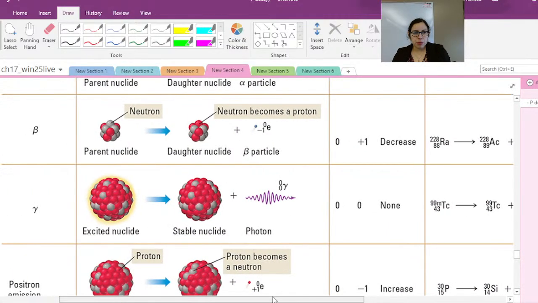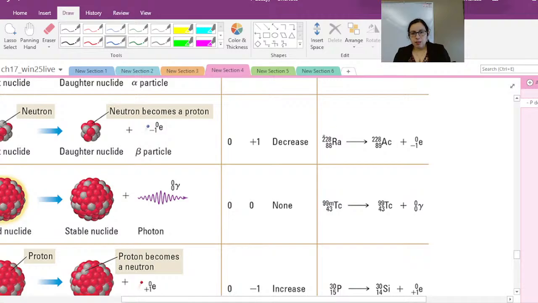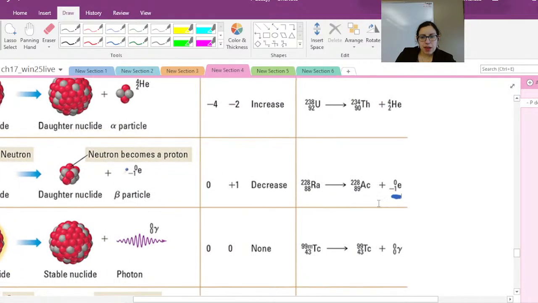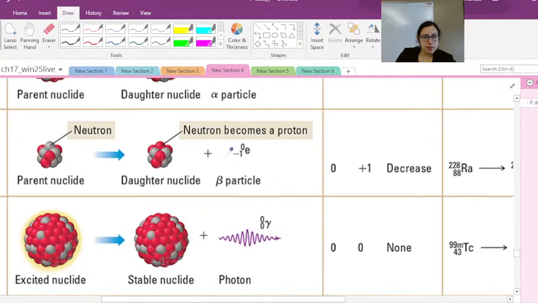Here's the classic example of this negative beta decay: radon 228 going to actinium 228. It's going to eject this little negative particle, so massless. Notice your proton number formally goes up as that neutron becomes a proton and ejects that electron, essentially. But again, the math should add up nicely there.